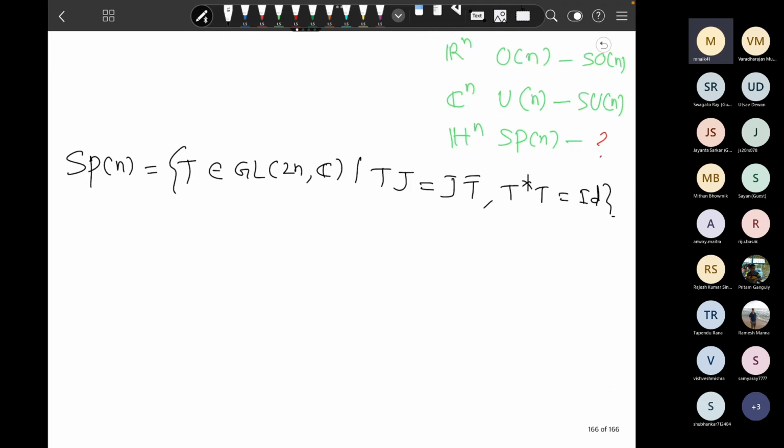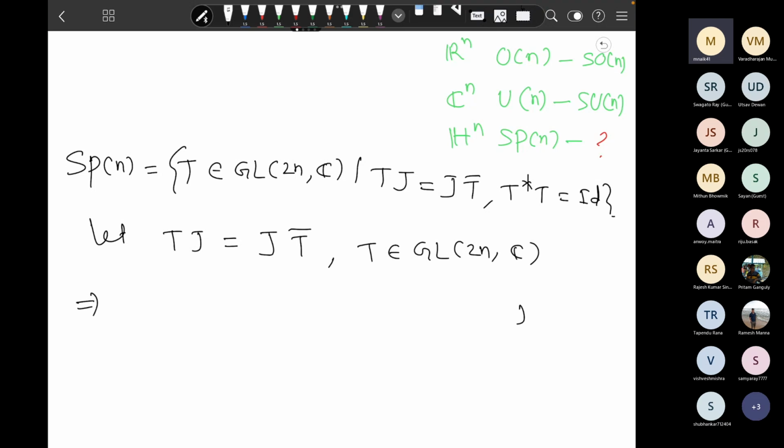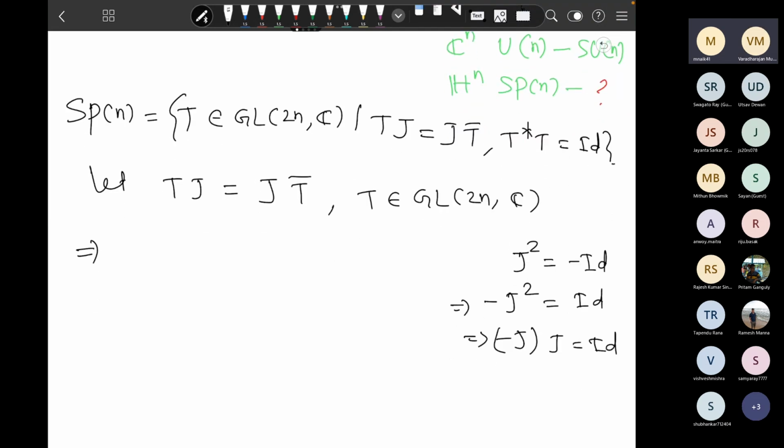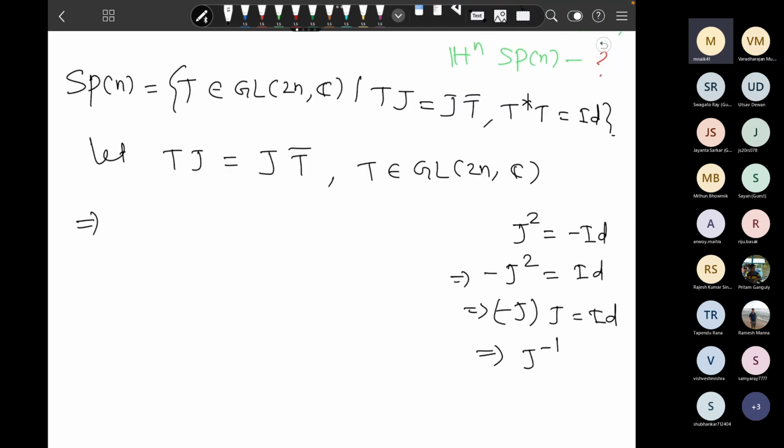Now, let Tj be equal to j T bar, and T belongs to GL(2n,C). You know that j squared is equal to minus identity, so minus j into j is equal to identity, which gives you j inverse is equal to minus j.